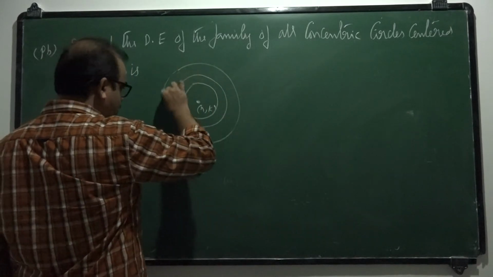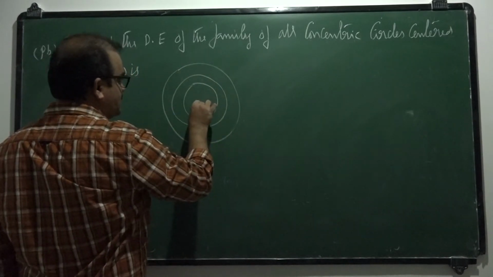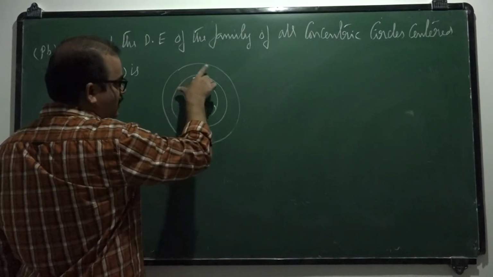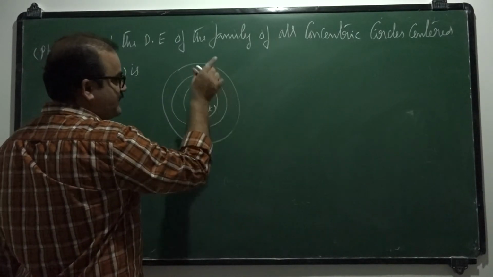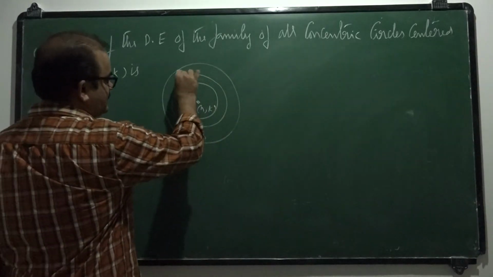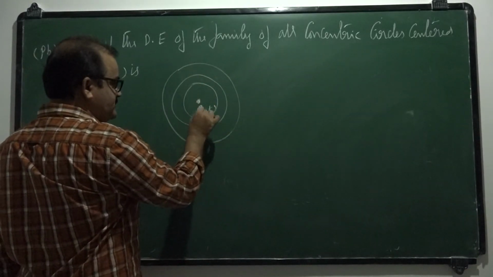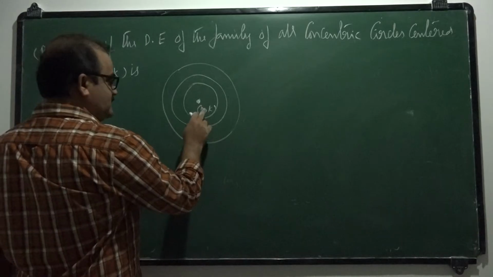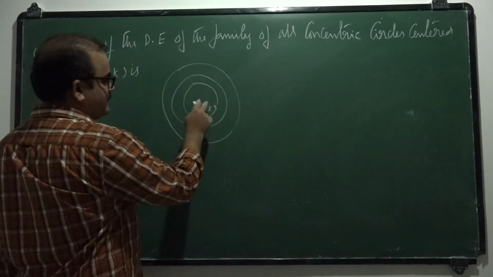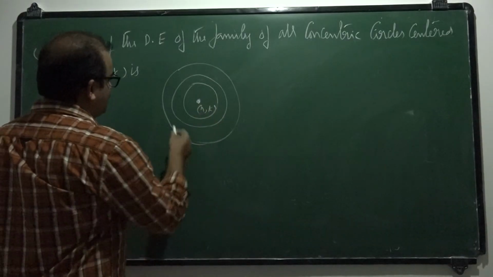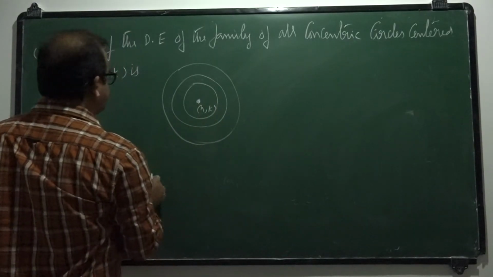Next, this is also a circle with the same center. All these circles are called concentric circles, all circles having the same center. Here the center is fixed, but the radius may change. Let r be the radius.